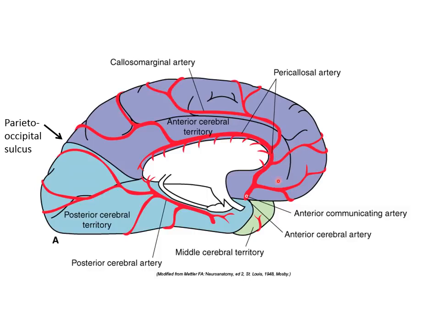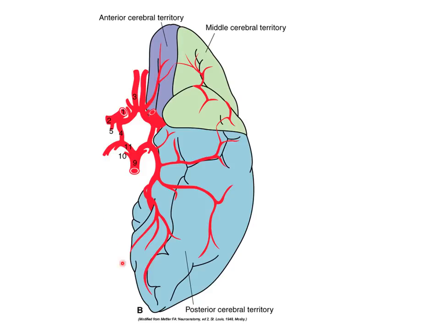If you look at the midline, you can see that a great deal of the midline of the cortex is fed by the anterior cerebral artery, and more posteriorly, the posterior cerebral artery. If we look inferiorly, we can see that a great deal of the inferior portion, the occipital lobe, temporal lobe, is fed by the posterior cerebral artery, and then more anteriorly, a middle cerebral and anterior cerebral artery.